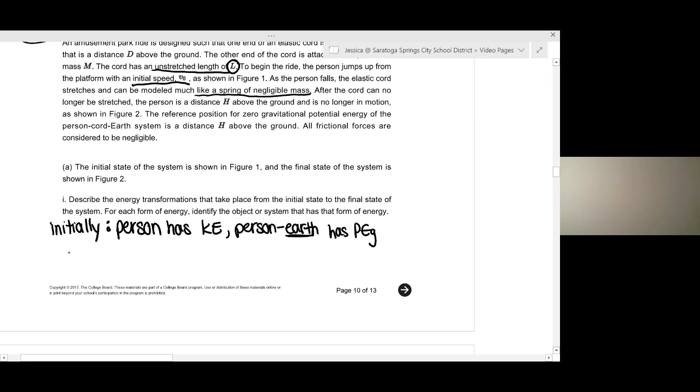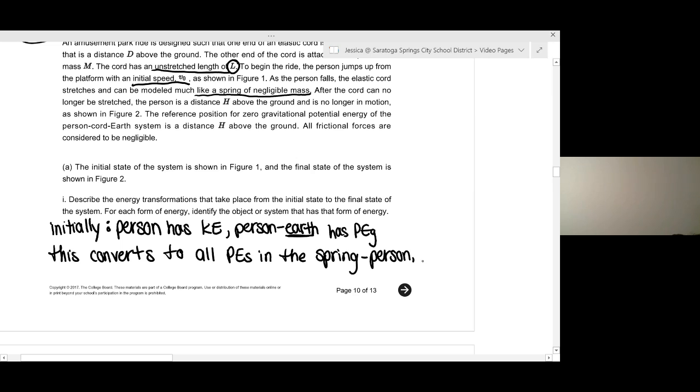So this converts to all spring potential energy in the spring. Nope, the spring and the cord are the same thing. So let's change this to cord, person, Earth system.